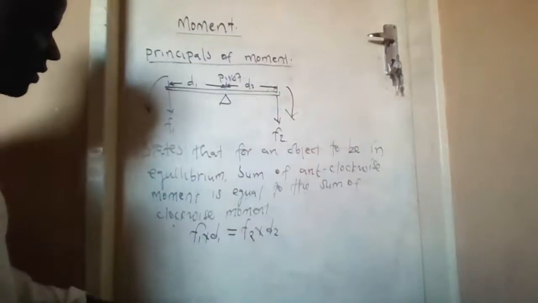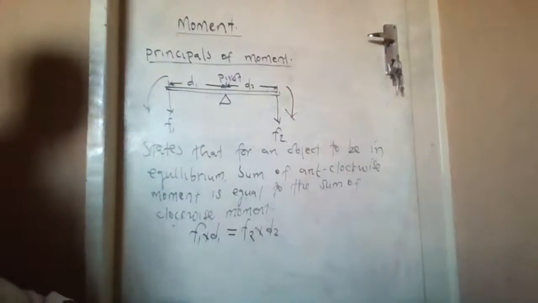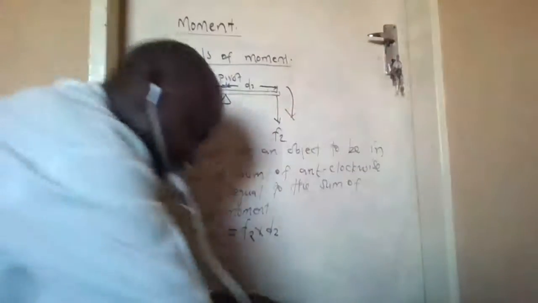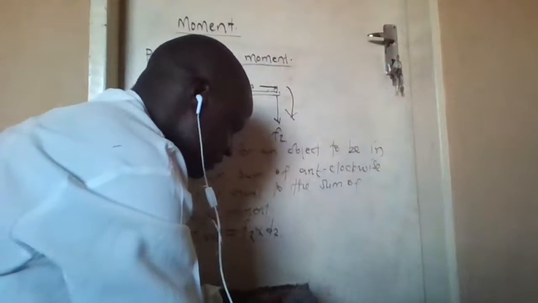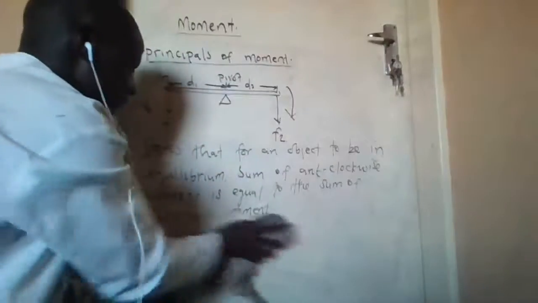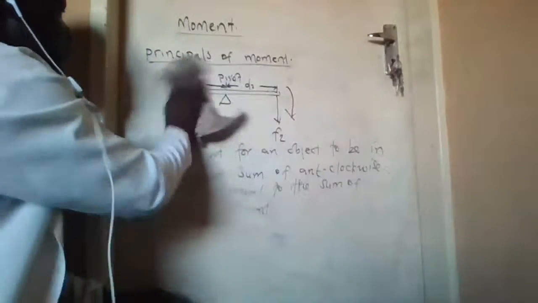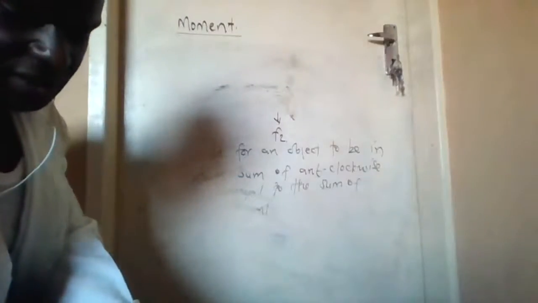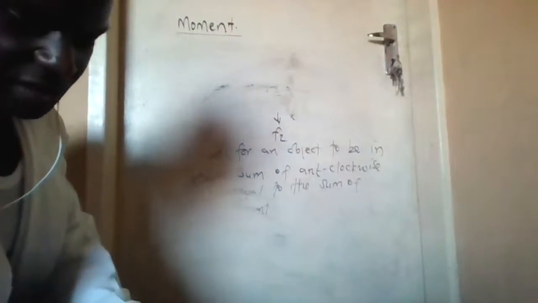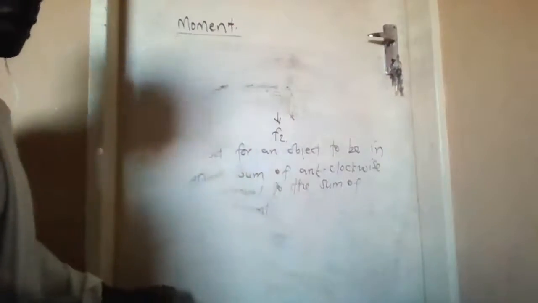Now let's look at how we can make use of this formula in a practical way. I'm going to take some examples from my pamphlet. At times they ask: state the conditions that must be applied for an object to be in equilibrium.